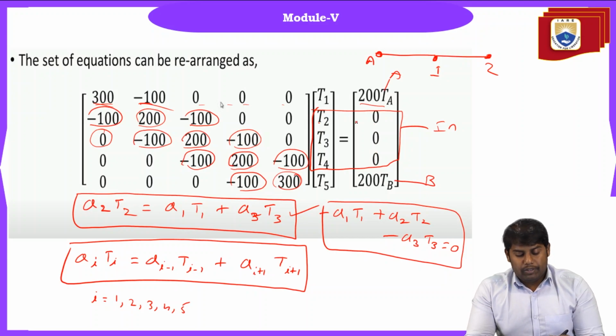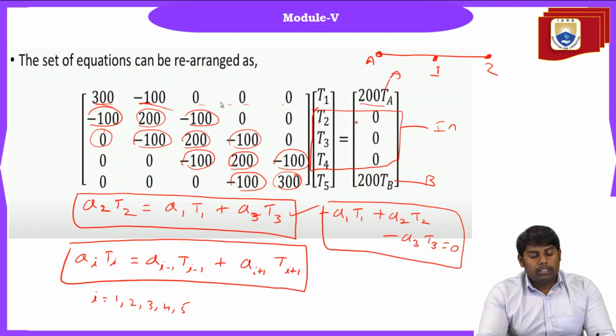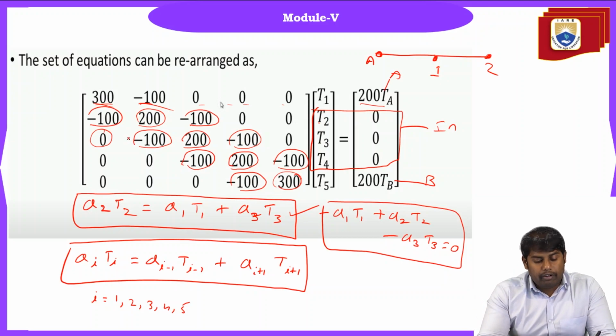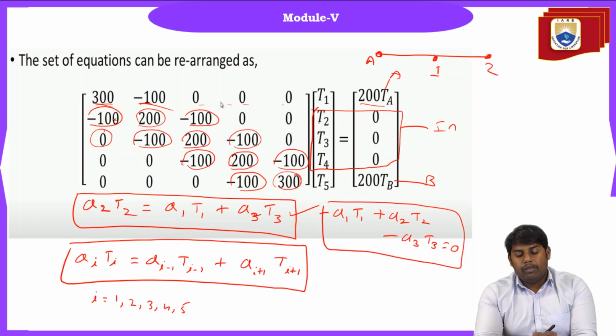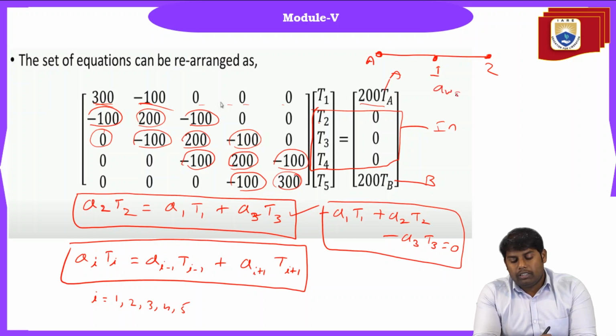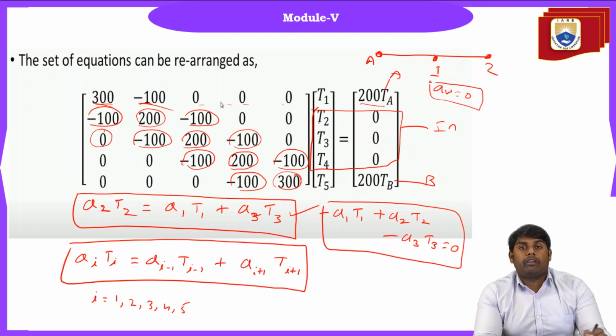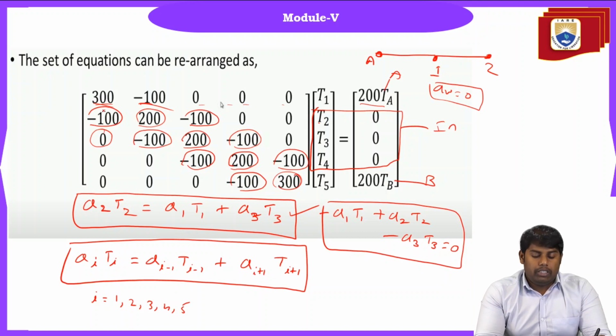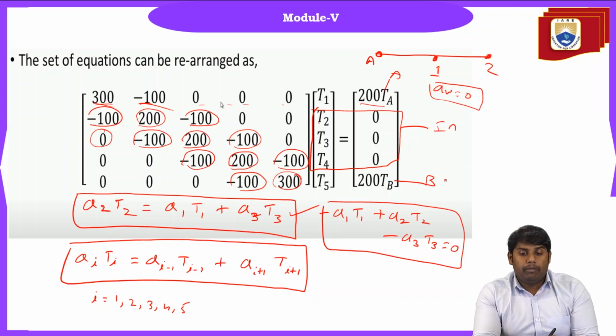So for the first equation, which has the wall, we apply AW as 0. Similarly, for the right boundary, AE as 0.